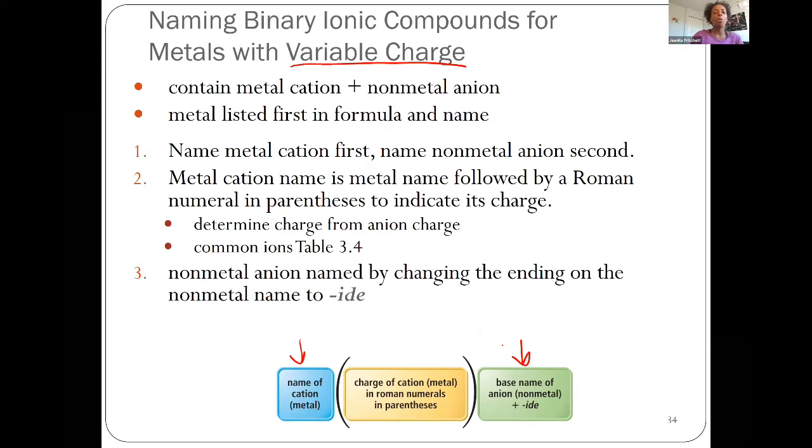But now we're going to add a charge here in Roman numerals that reflects the charge of the metal. And so what that means is if you don't know that charge, you have to first determine the charge through a little bit of algebra before you're able to name this. And so again, this is telling us the charge of the metal. And that's always put into Roman numerals.